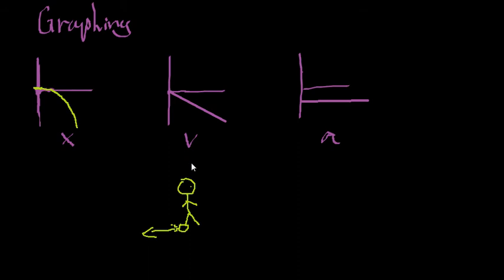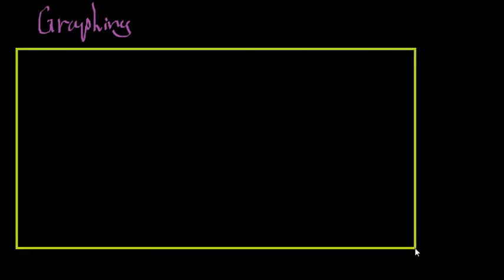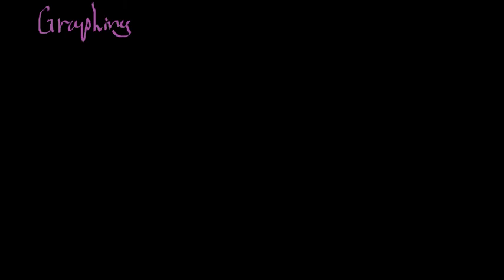Alright, cool. Let's do some real crazy stuff. This is probably gonna be the hardest question you get of these graph questions. So again, this is x. Sorry, my y-axis kind of twisted, but don't worry. This is v and this is a.